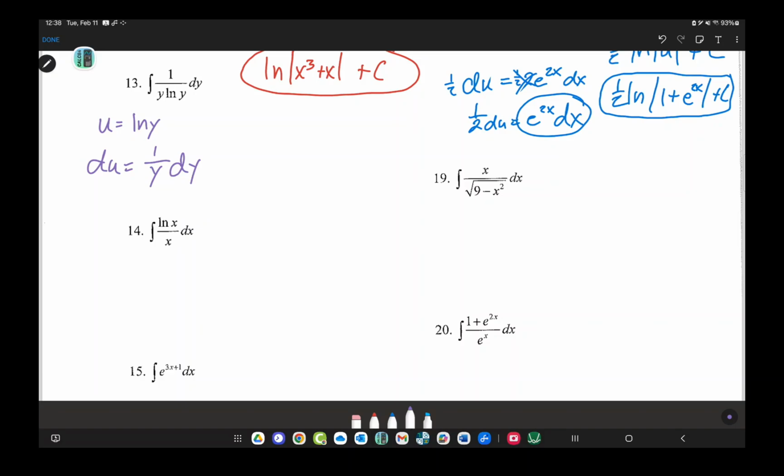Now, we can separate our function as the integral of 1 over y times 1 over the natural log of y, because it is multiplication. We just replace natural log of y with what? u. And we have 1 over y times dy gets replaced with du.